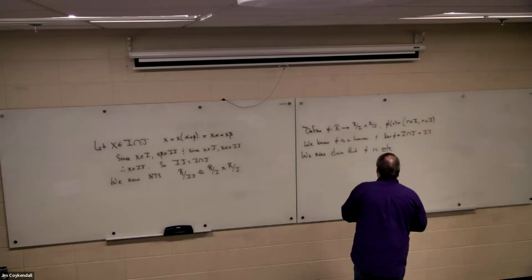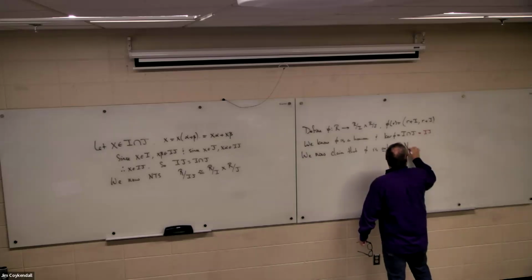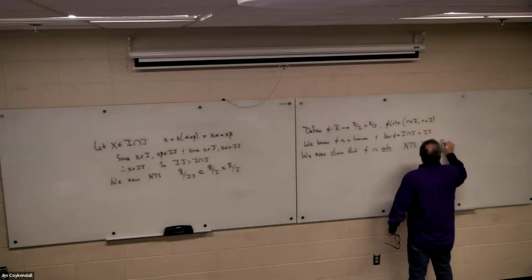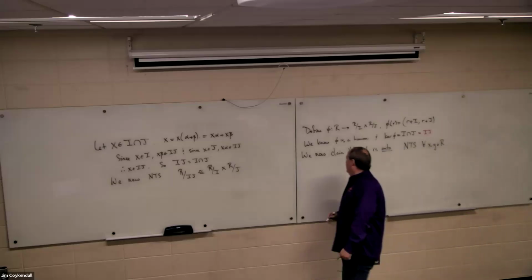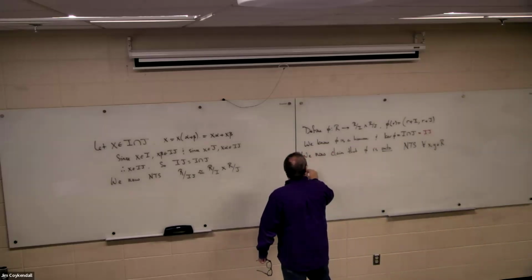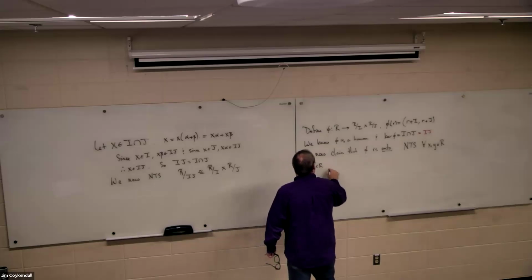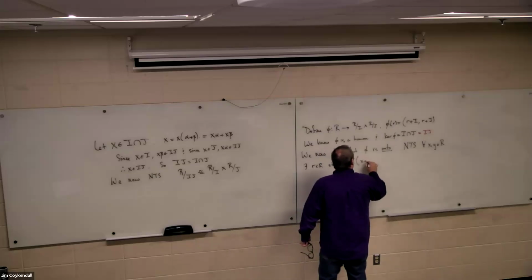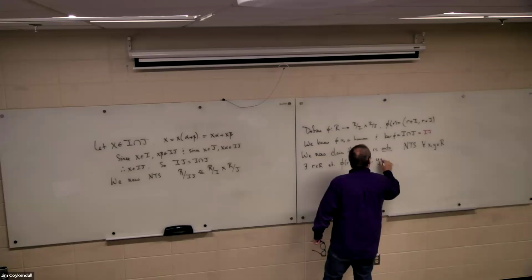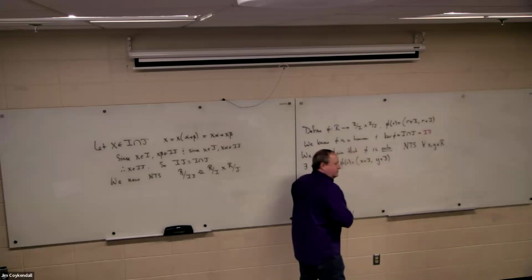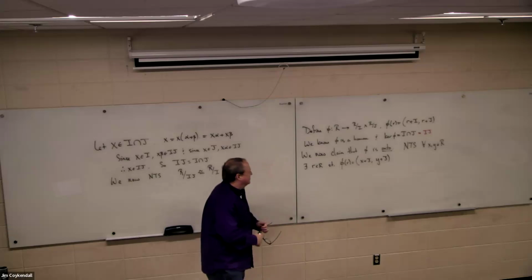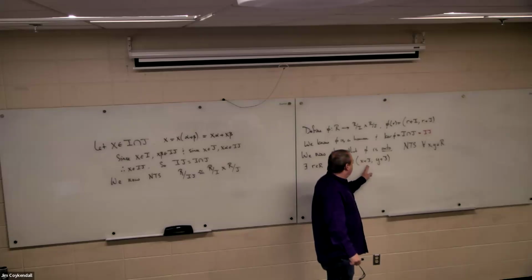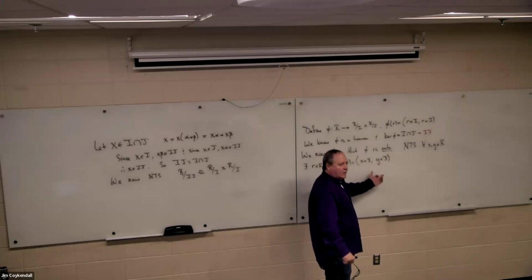Because we need to show that for all x, y in R, there is an r such that phi of r is the ordered pair x plus I, y plus J. I mean, this goes to r plus I, r plus J, but it's got to be equal to this somehow, right?